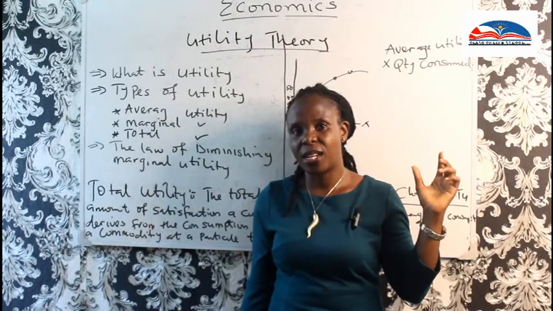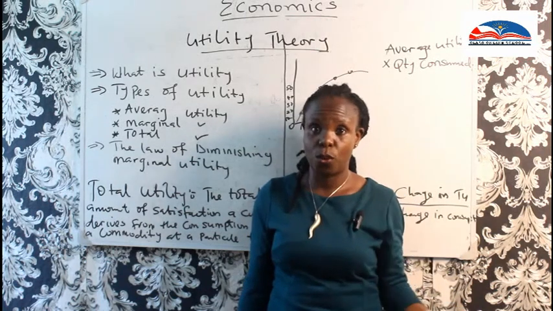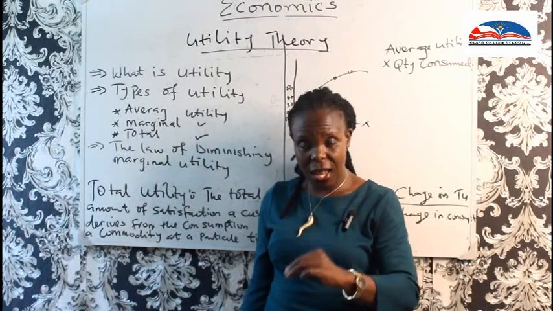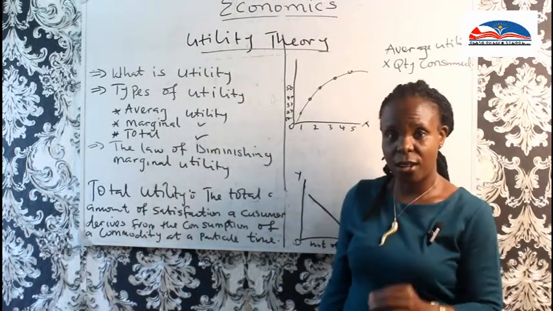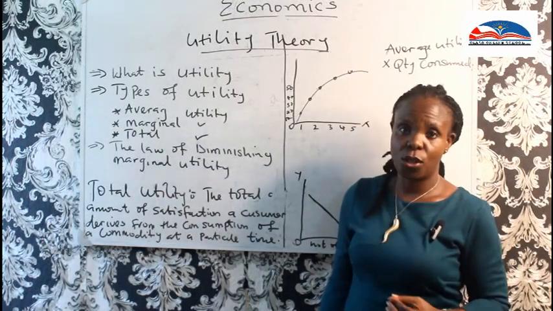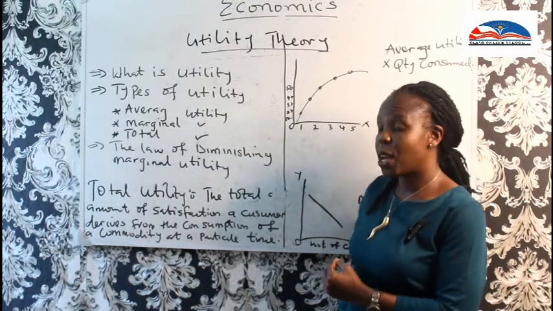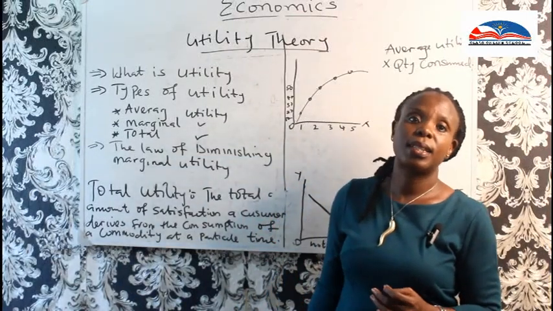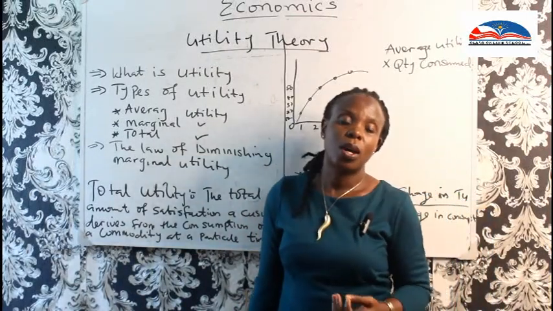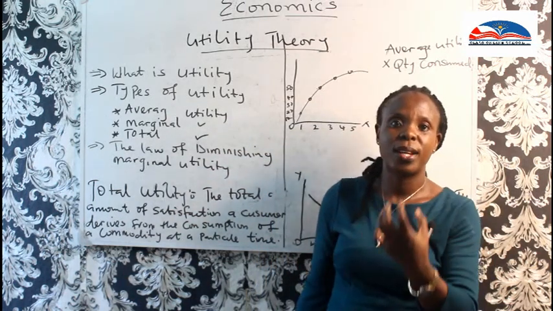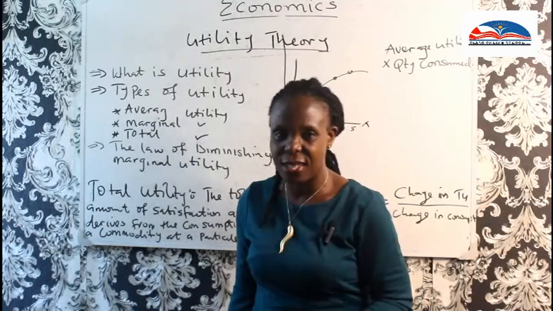You have seen marginal and extra units the individual buys because he likes the product. But this is the total satisfaction the individual derives from a particular product that he or she consumes. Economists use this kind of analysis to understand the demand for products. What are customers willing to buy at every point in time that satisfies their needs?